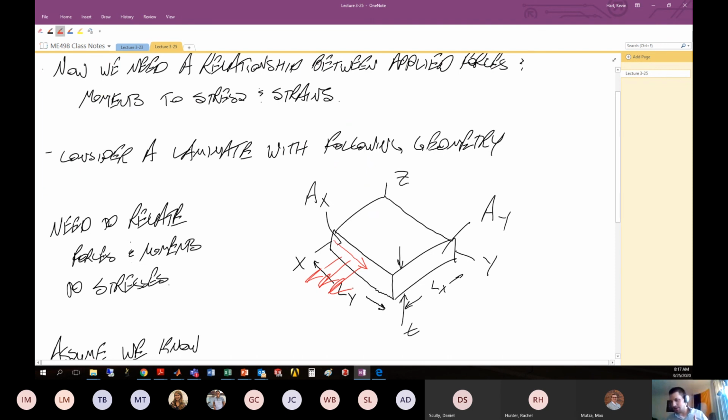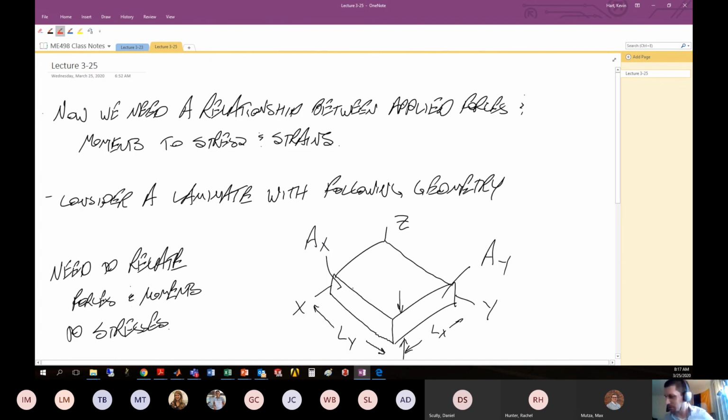It's consistent across that variable Y, so it does not vary as a function of Y.